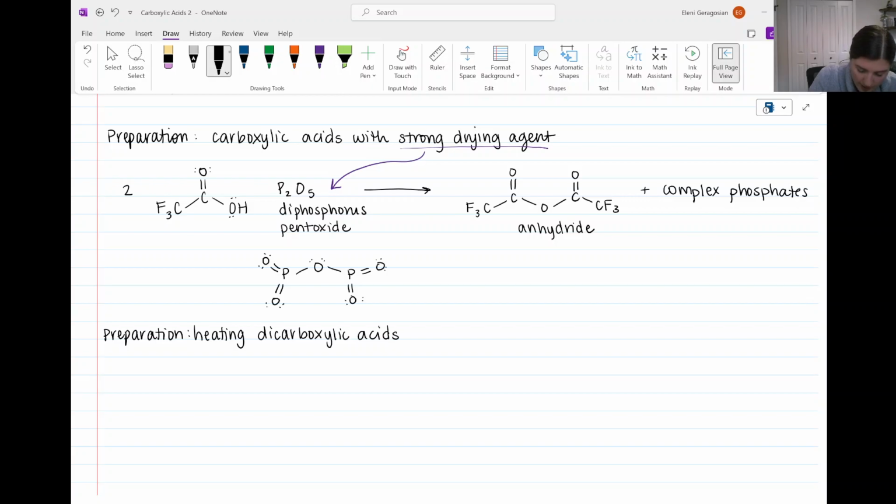So heating dicarboxylic acids, molecules that have two carboxylic acid functional groups, if that molecule, when producing the anhydride, could form a 5 or 6 membered ring.